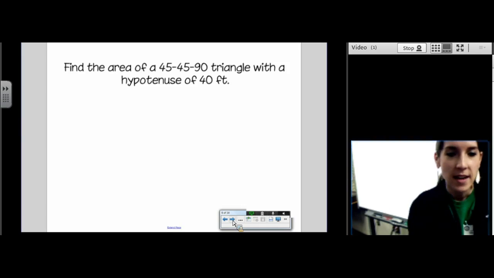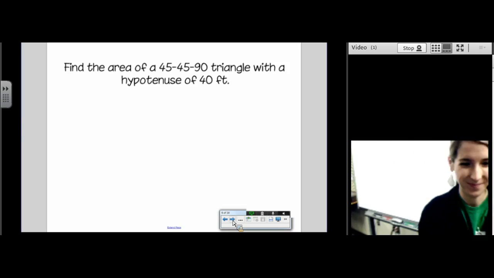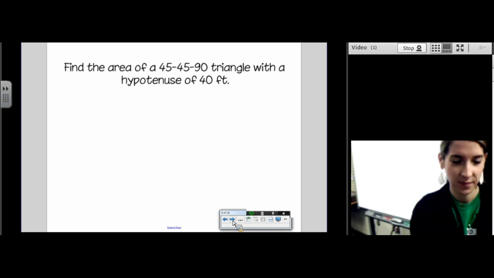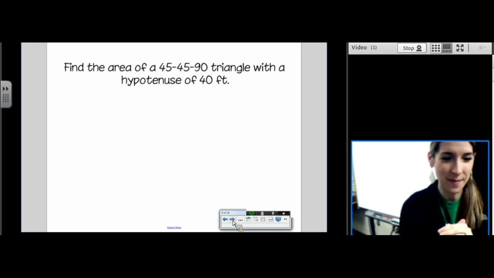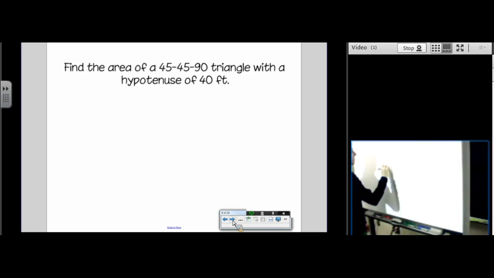No problem. Next one, find the area of a 45, 45, 90 triangle with a hypotenuse of 40. Ooh, you're all getting the same thing. That's good. So, 45, 45, 90.